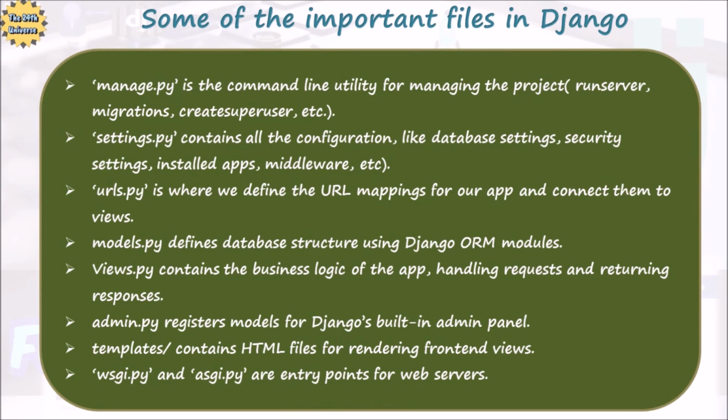Manage.py is the command line utility for managing the project, that is runserver, migrations, creating the superuser, etc. Settings.py contains all the configurations like database settings, security settings, installed apps, middleware, etc. urls.py is where we define the URL mappings for our app and connect them to views.